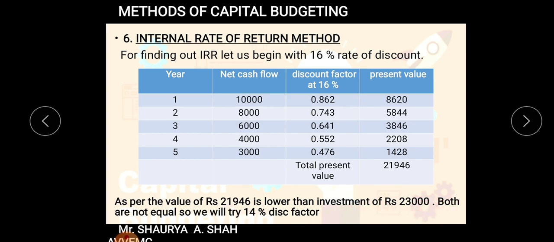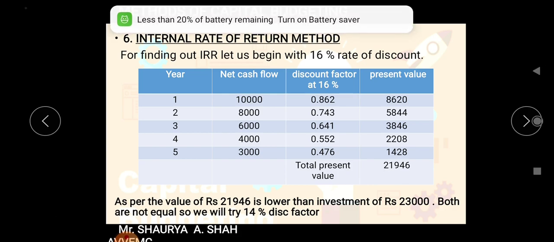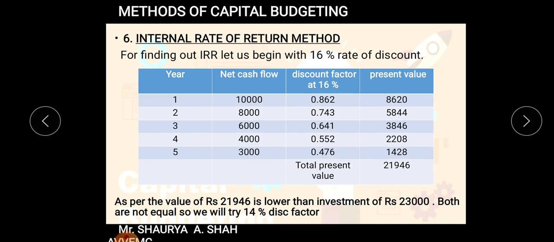Fine. As it is a trial and error method, you need to continuously take different discounting factors and multiply them with the cash flow to get the present value. So again, this is not equal to my investment. So I'll now try 14%, that is in between, because 16% gave a much lower value and 12% was much higher.